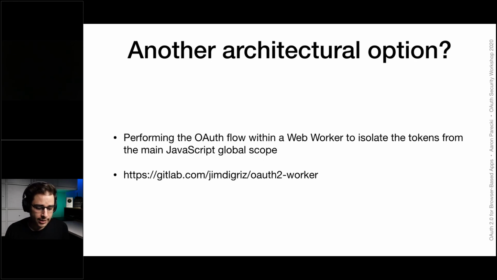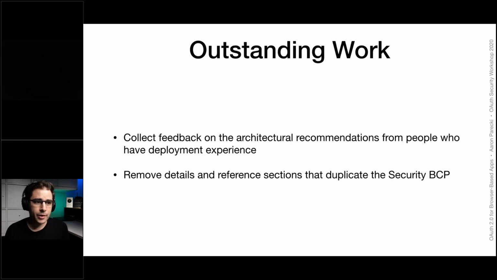So lastly, I want to close with what is still to do on this document. Feedback. I would love feedback. I feel like we've hit a point where there's general agreement on the text that's in there. A lot of it actually has been put into the security BCP when it is generic advice, and some of that is then sort of redundant in this draft.